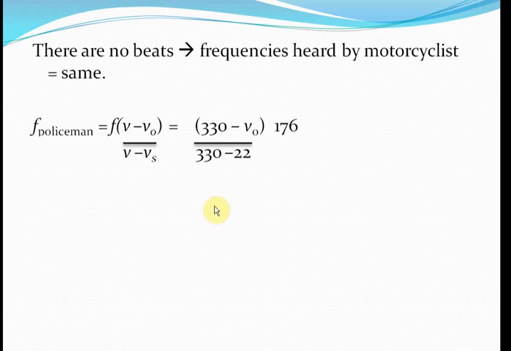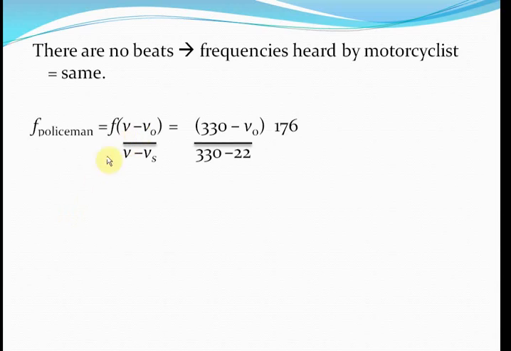The frequency because of the policeman will be f times (v minus vo) divided by (v minus vs). We've written v minus vo because the observer, the motorcyclist in this case, is moving away from the source, the policeman.